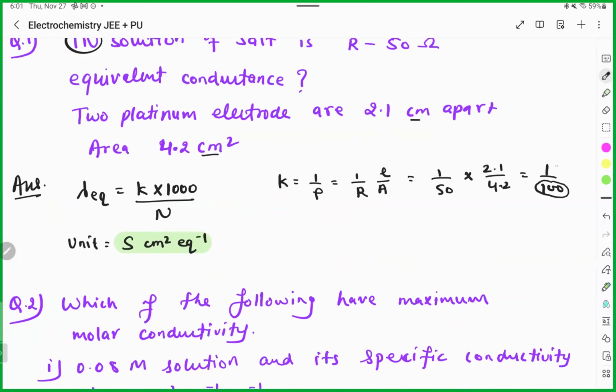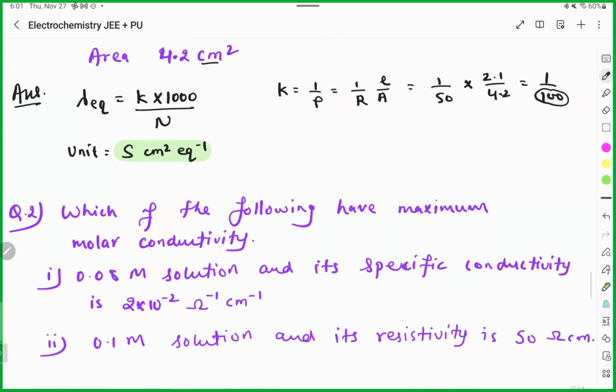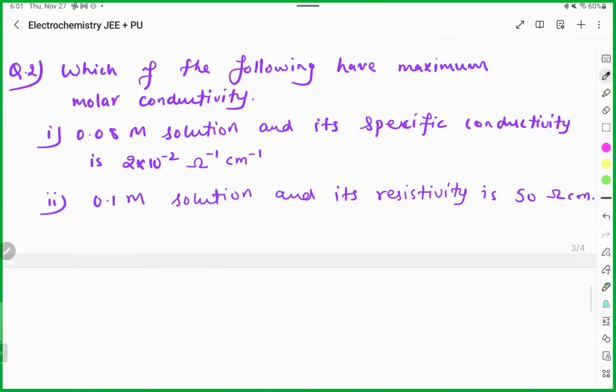And if you convert into meter, you will divide with 100. Correct? So what will be the answer? Yeah, you are right. But make sure you are right about the unit. Yes, sir.